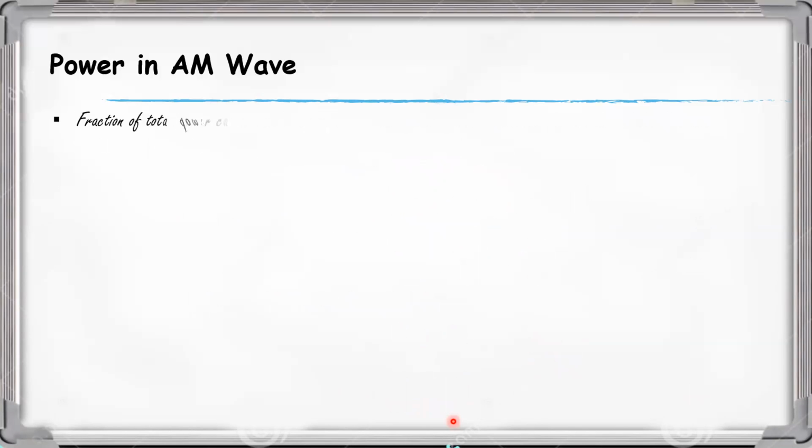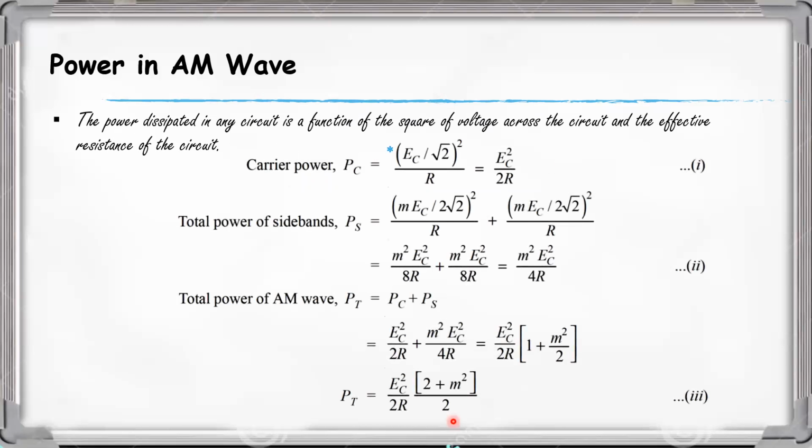Then we can obtain the fraction of total power carried by sideband. That is the ratio of total sideband power to the total power, so we have to find the ratio of equations 2 and 3.